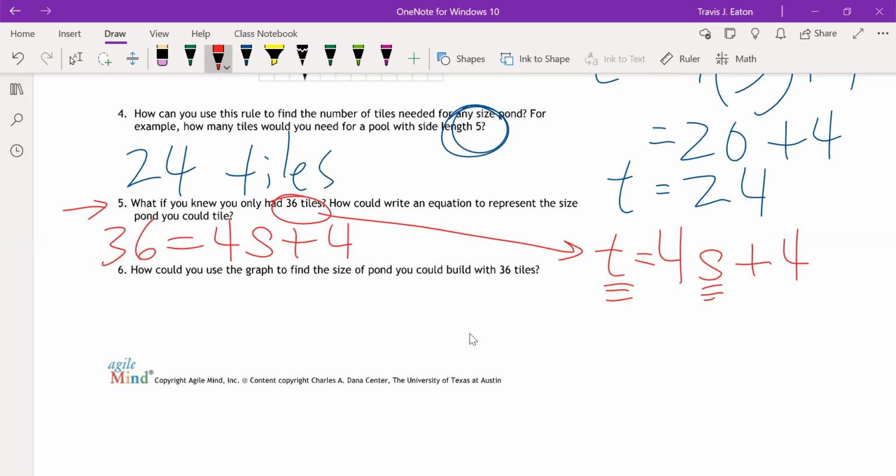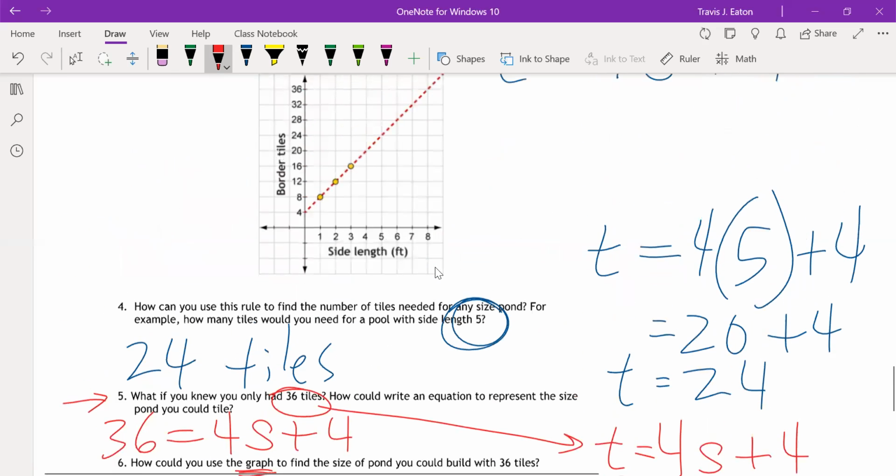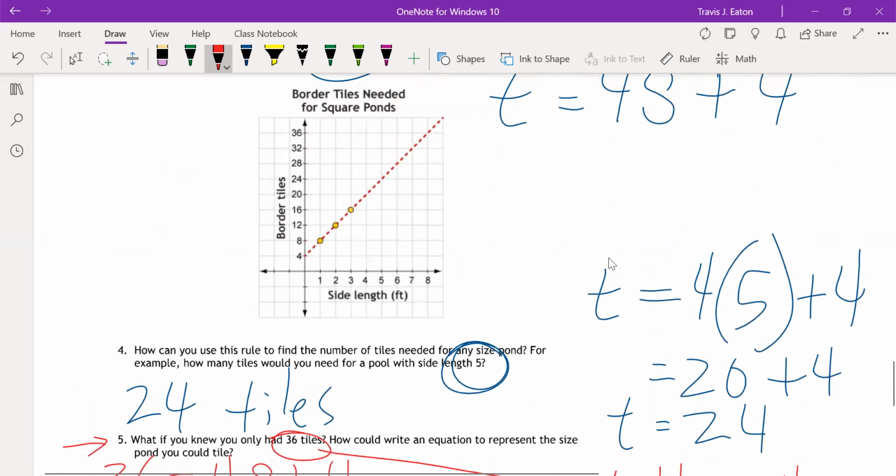Question 6 asks us, how could you use the graph to find the size of the pond you could build with 36 tiles? Well, let's scroll on up to our graph and have a look. Keep in mind that the x-axis at the bottom is the length of the sides, and the y-axis is how many border tiles. So we are looking for 36.